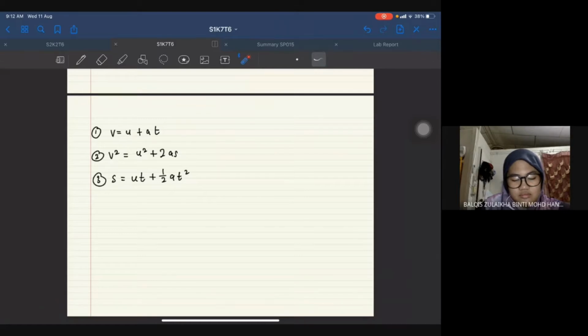Okay, so each one of these represents the same thing. Maksud saya, let's say if we go through one by one, V here represents apa? Siapa boleh beritahu saya? Final velocity. Yes, V is final velocity. U is? Initial velocity. Yes, good.